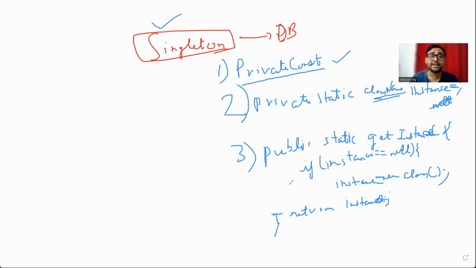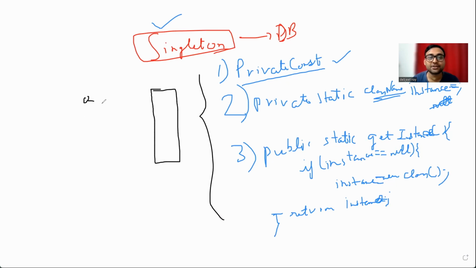Understood now? But here is one problem. This will work only with a single-threaded design. If one single thread is working at any given point of time, then only this particular process will work. Let's suppose you have built an application and multiple threads are coming at the same point of time to read and write data from your application.